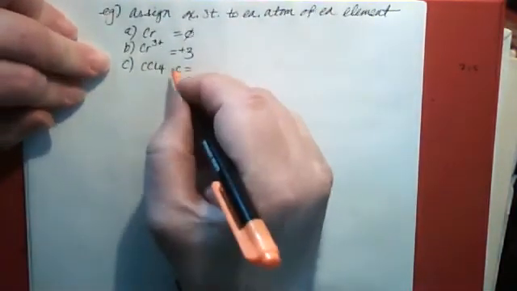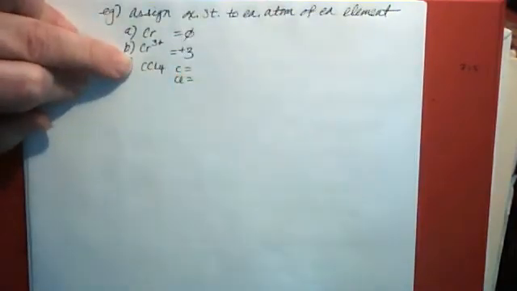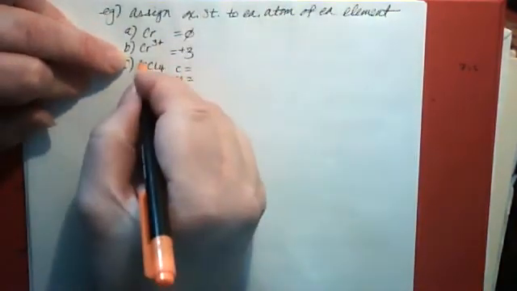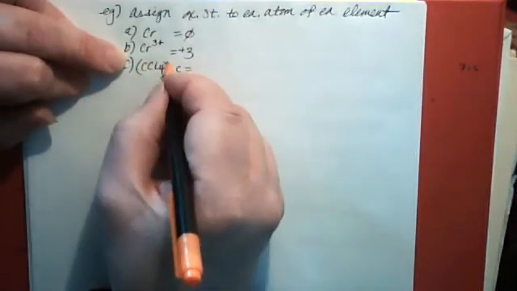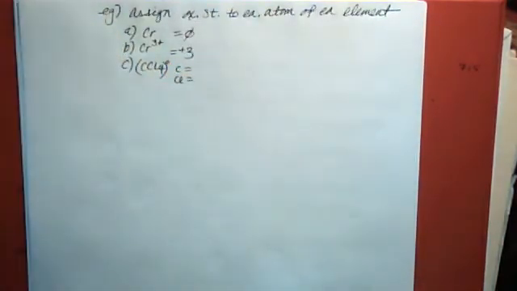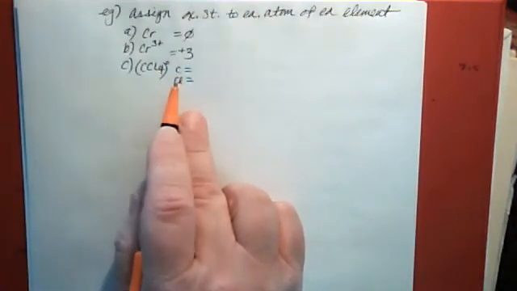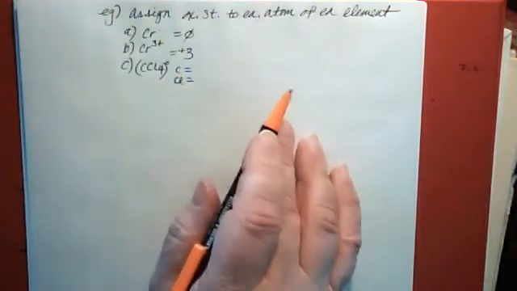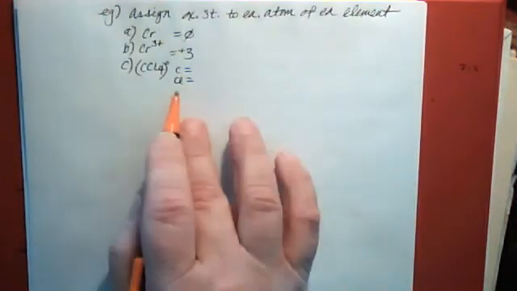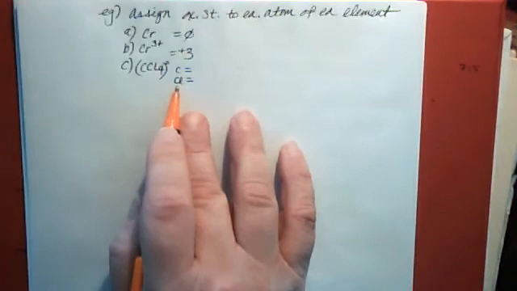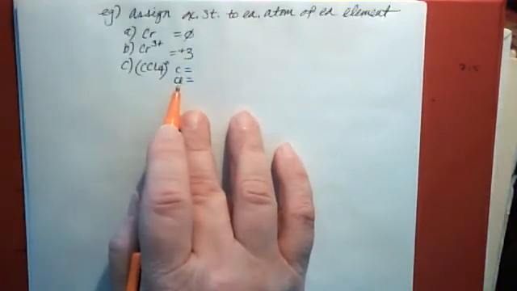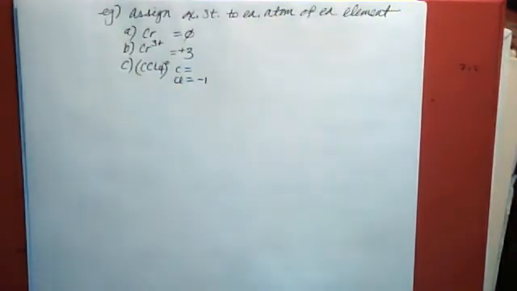In CCl4, that's a compound. It involves carbon and chlorine. We know that being a neutral compound, it has to have 0 charge overall. And of the two elements present, carbon and chlorine, chlorine is the more electronegative because it's to the right of carbon in the periodic table. And so chlorine gets to take its favorite charge, which is group number -8. Chlorine is in group 7, so 7 minus 8 is -1.